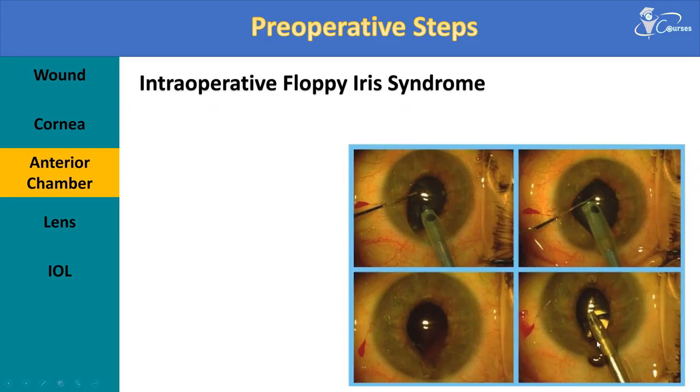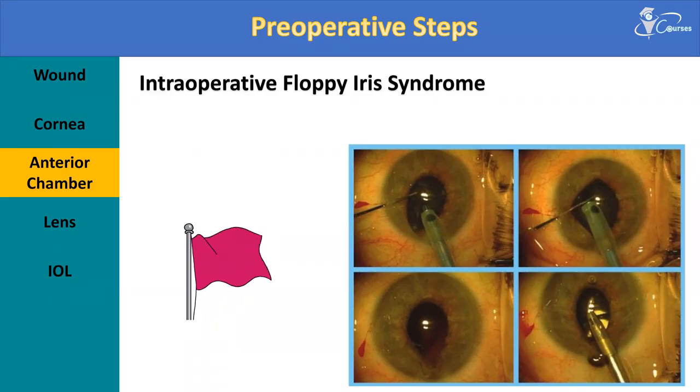In intraoperative floppy iris syndrome, you can see that the iris always tends to get out from all the wounds, either from the main port or from the side port, making the surgical procedure very challenging. This drug makes the iris lose its tone. It will be flail, like a flag-shaped iris. It will lose its tone, so it will tend to come out from the wounds.